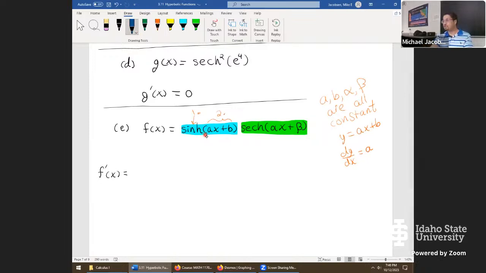So hyperbolic sine turns into cosh, multiply by the derivative of something in that way, throw the inner function in both slots, ax plus b here and here, and that takes care of the first portion. We just need to copy that second factor, hyperbolic secant.